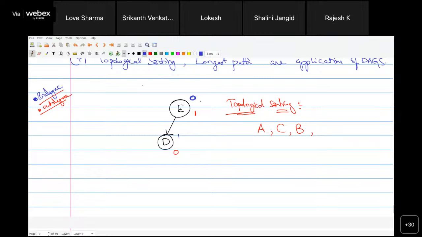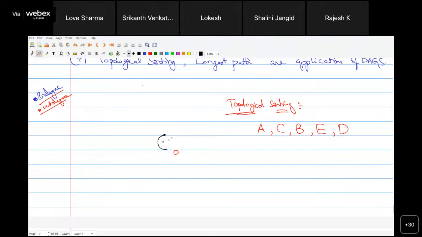Now again this is a DAG, and I have to remove the vertex which has in degree 0 and add it to the topological sort. So A, C, B, E, and remove E. Finally you are left with vertex D which has in degree 0 as well as out degree 0. So add this D finally.